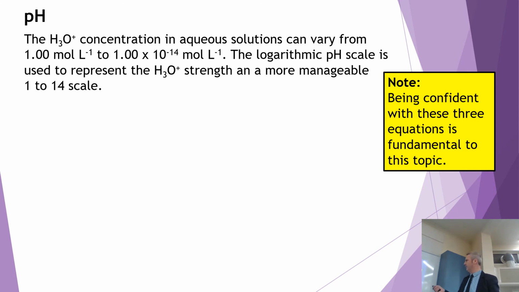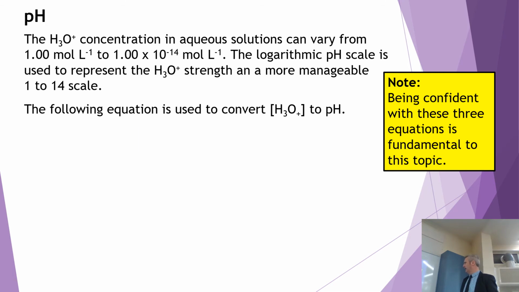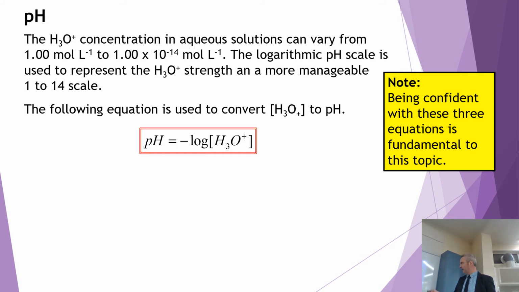So you'll see what happens here. If I want to represent the concentration of H3O plus, I carry out a log function to make it a similar number. So remember, a log function takes the exponent and uses the exponent to produce the number. So here's the equation we need to use. If I want to find out the pH, the letter P in front of H means the negative log.